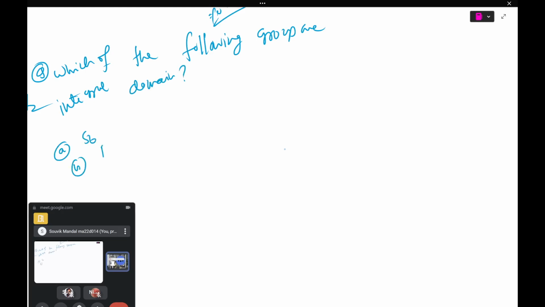S6, D4, Z. So the question is which one of the following groups are integral domains.